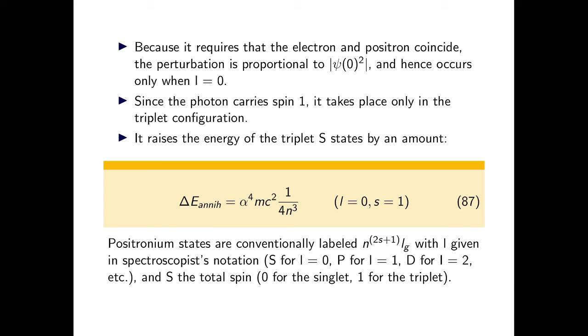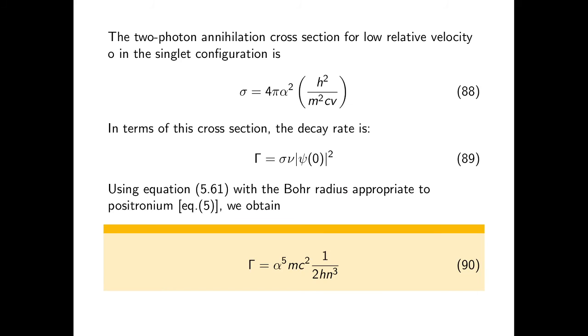Next slide, please. I'll explain a little about this. As in the case of hydrogen, a positronium can make transitions from one state to another with the emission and absorption of a photon.